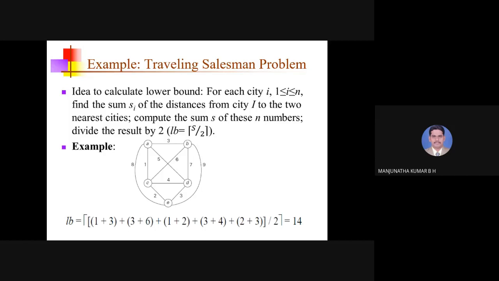The lower bound is equal to, first I have written 1 plus 3, 3 plus 6, 1 plus 2, 3 plus 4, 2 plus 3, with respect to all the 5 vertices.